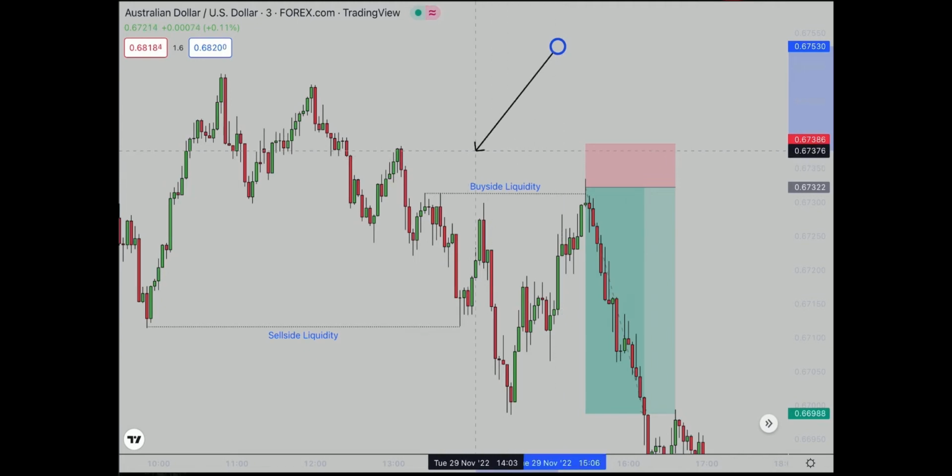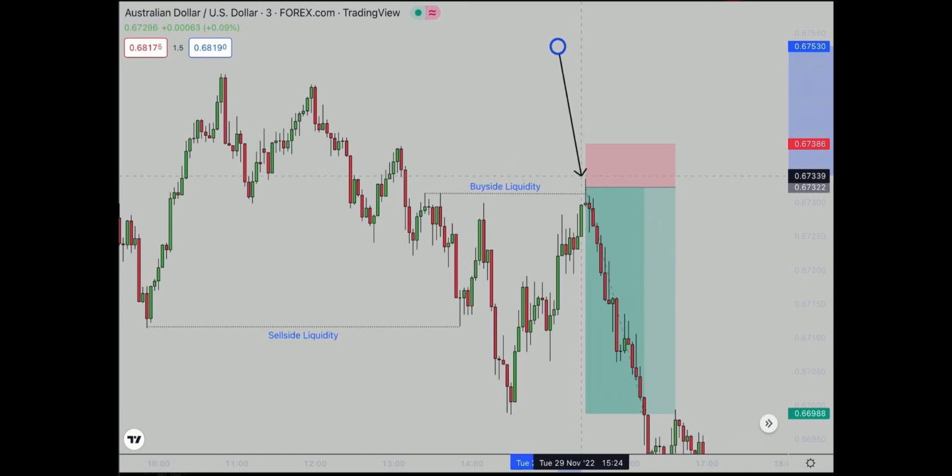Okay, so the turtle soup pattern by definition means that when you see equal highs or equal lows form, you look for a stop hunt above or below them, and the point where it goes above or below them is your entry.